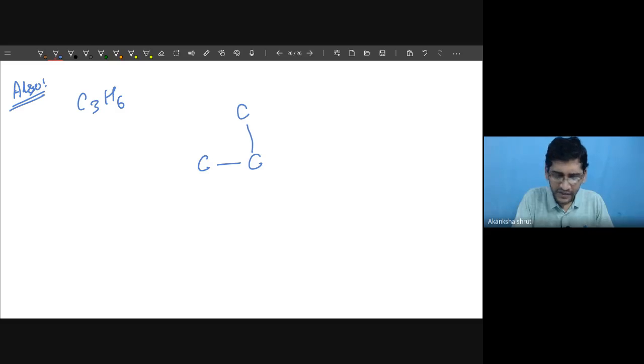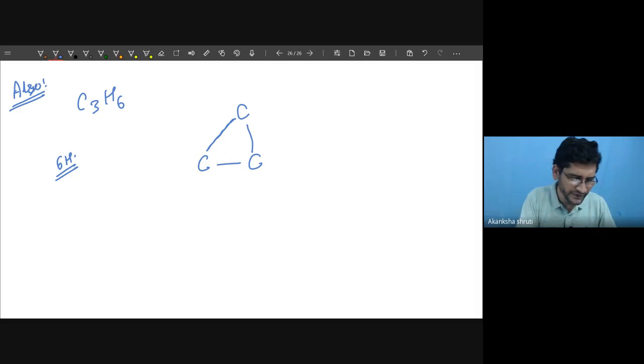Why not this carbon share a bond with this one, rather than a double bond? Is it possible? Try to satisfy the tetravalency. If it is satisfied by considering the 6 hydrogen, then this structure is also possible.